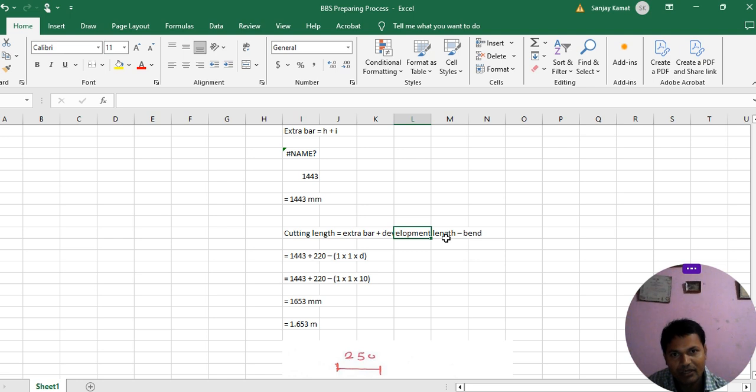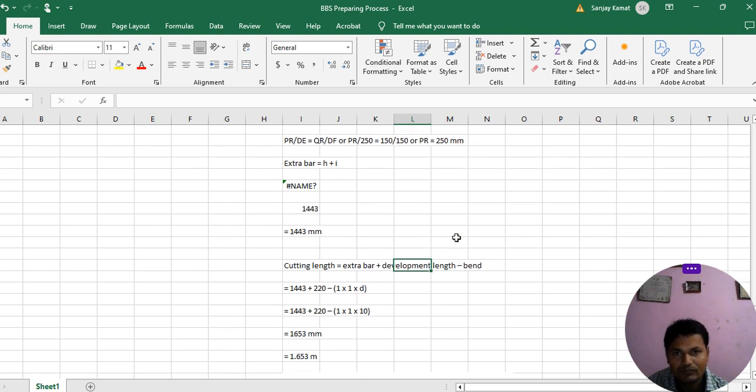And development length we have earlier. So this is the extra bar.